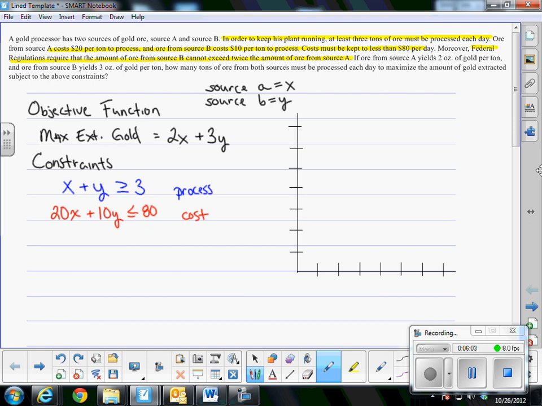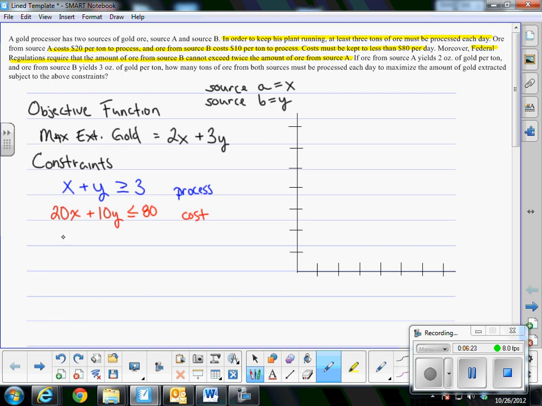Then you just gotta follow them. So in this instance, they've got a regulation where you can't work as much in one source or one location as you can in another.